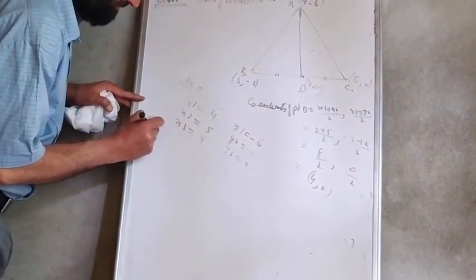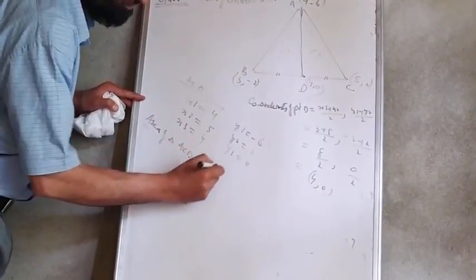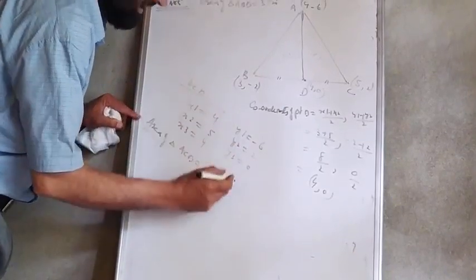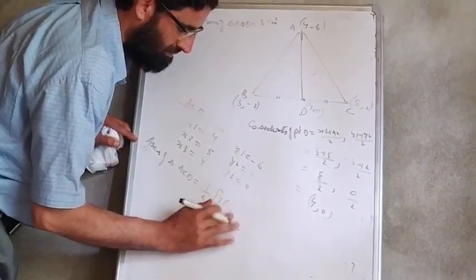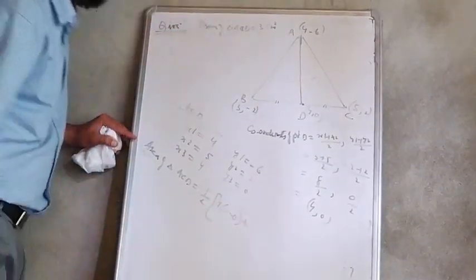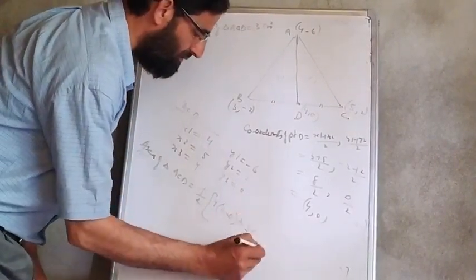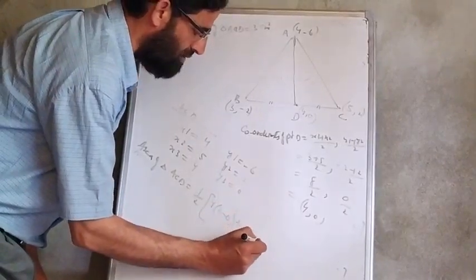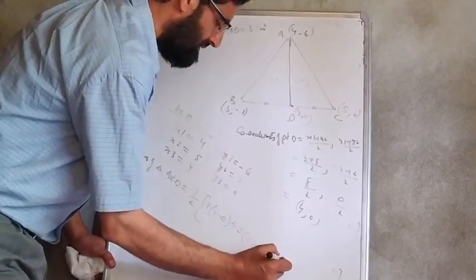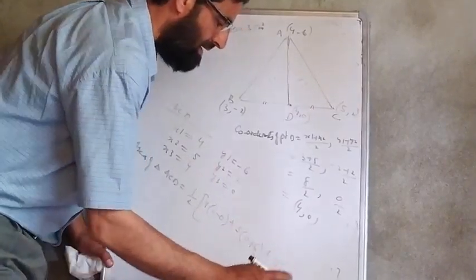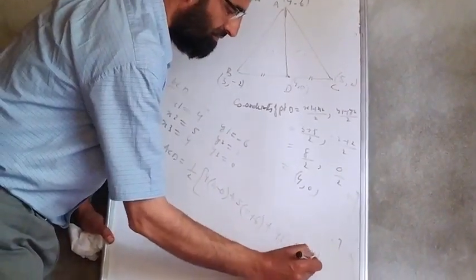So area of triangle ACD is equal to 1 by 2 times x1, which is 4, into (y2 minus y3), that is 2 minus 0, plus x2, which is 5, into (y3 minus y1), that is 0 plus 6, plus x3, which is 4, into (y1 minus y2), that is -6 minus 2.